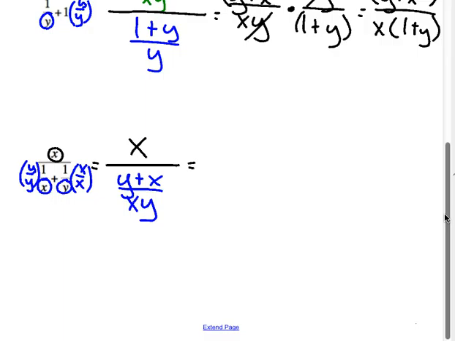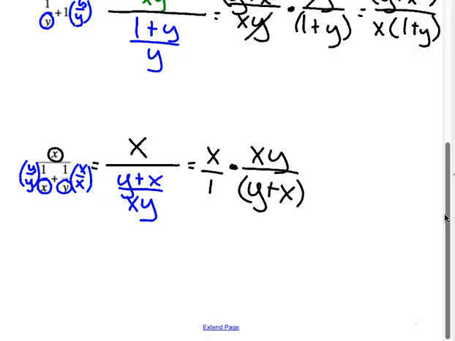Now we have to take care of multiplying by the reciprocal. So we have x. Then to multiply by the reciprocal, that would look like this. Now, to help you, if you want to call this x over 1, so as you're multiplying, you can see, oh, right, the x is on top. Feel free to do that.